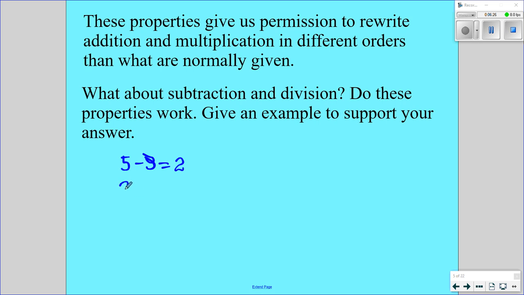But if I did 3 minus 5, that would give me negative 2. Not the same. And the same thing, if I did, say, 14 divided by 2, that would give me 7. But if I switched the order, 2 divided by 14, that would give me 1 over 7. So notice that they're not equal.